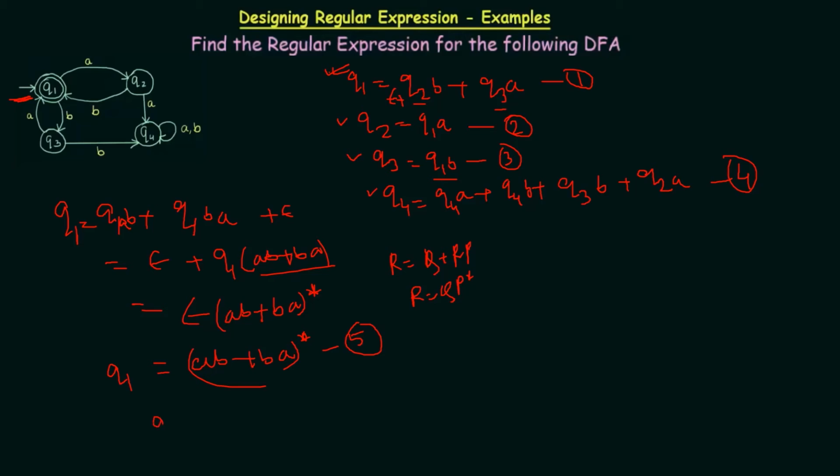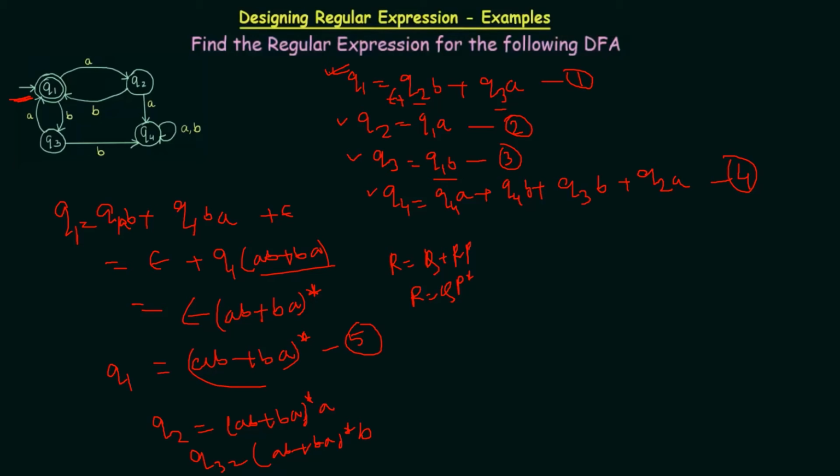Now put the value of equation number 5 into equation number 2 and 3. So we are going to get (ab plus ba) star into a for q2, and q3 will be (ab plus ba) star into b.